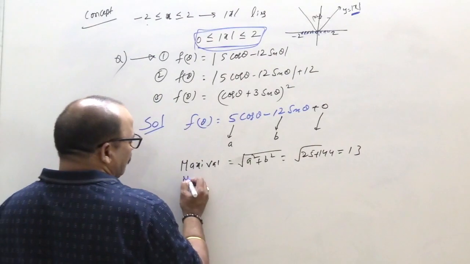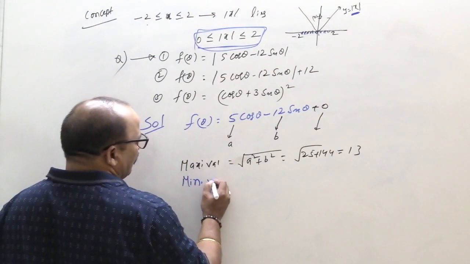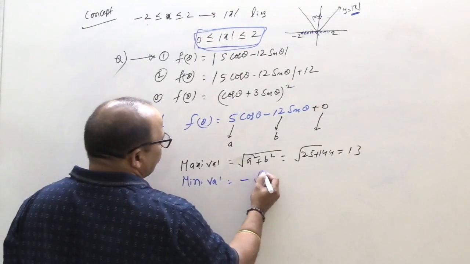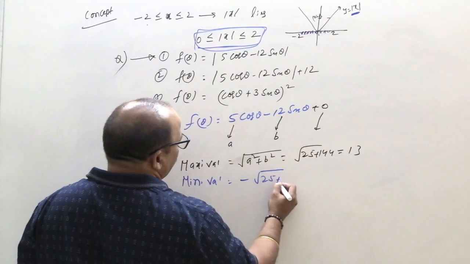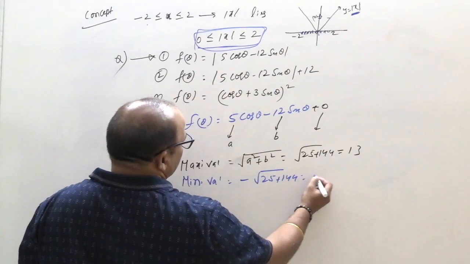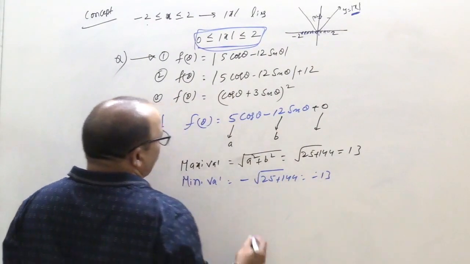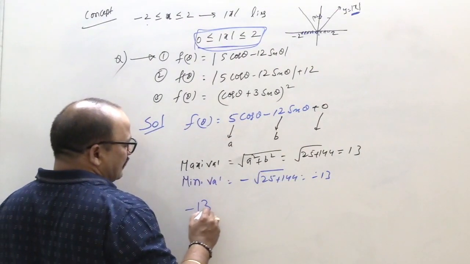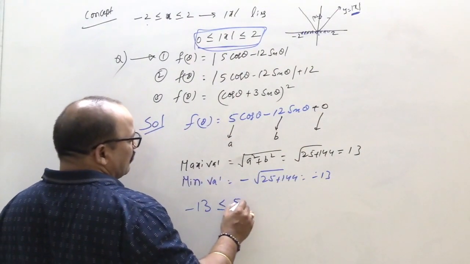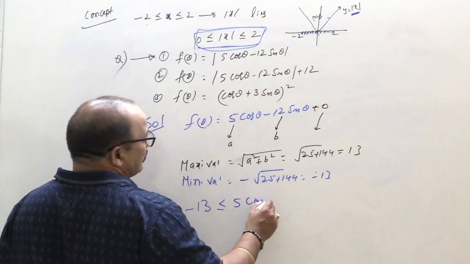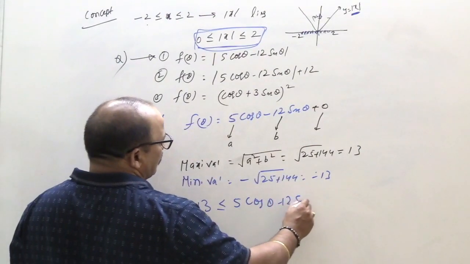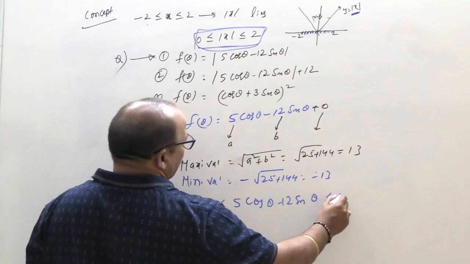Next, minimum value: minus will come, so minus 13. This is the answer: minus 13 is less than or equal to 5 cos theta minus 12 sin theta is less than or equal to 13.